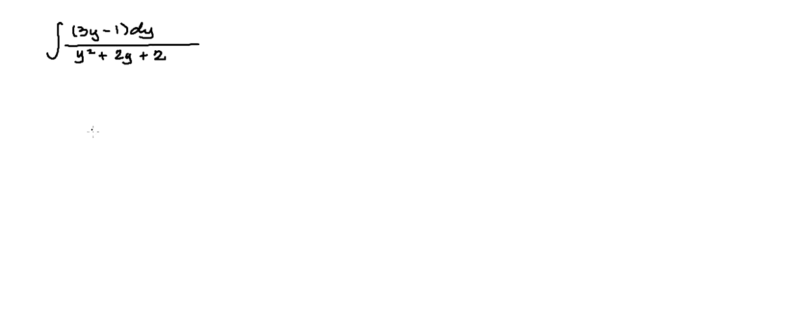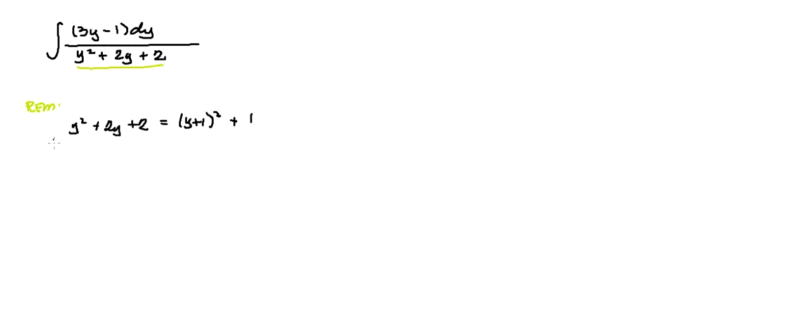Nice. So let us now continue our discussion regarding our sample problem last time. So we have the integral of (3y minus 1) dy all over y squared plus 2y plus 2. And we say that this term here is also equal to (y plus 1) squared plus 1, right?